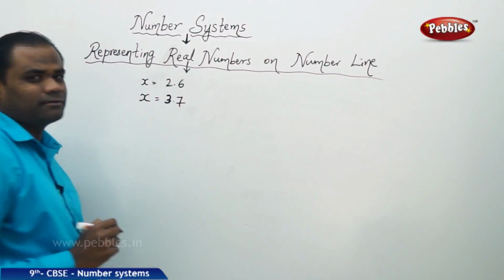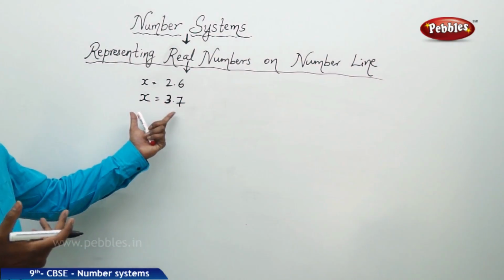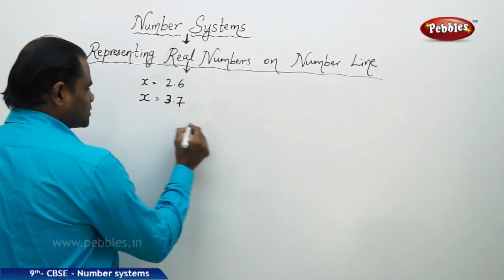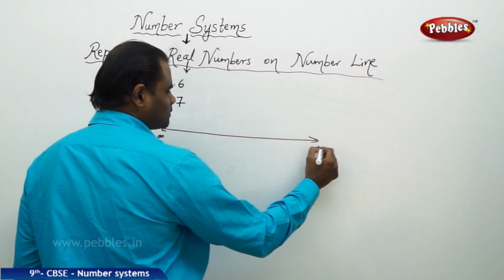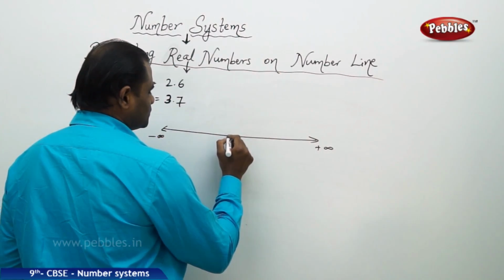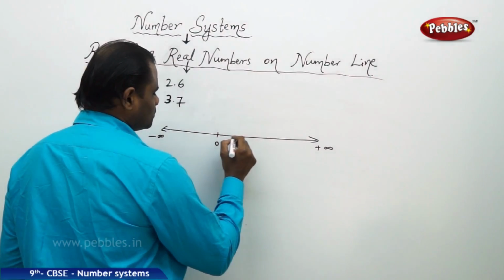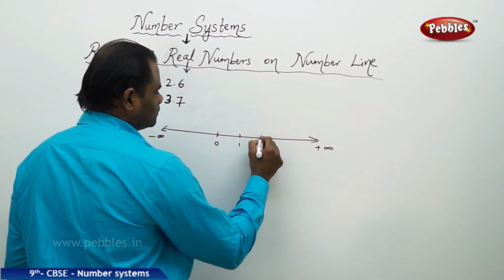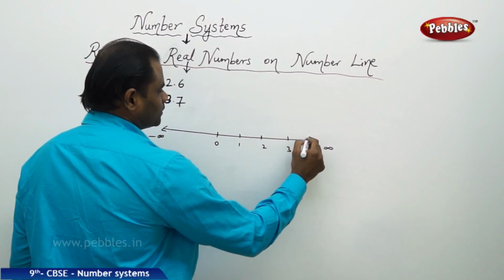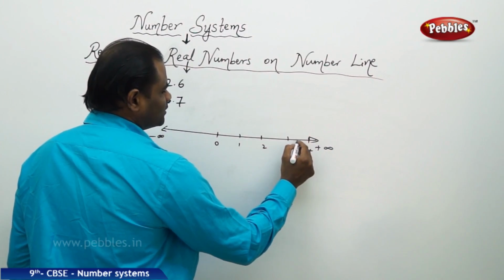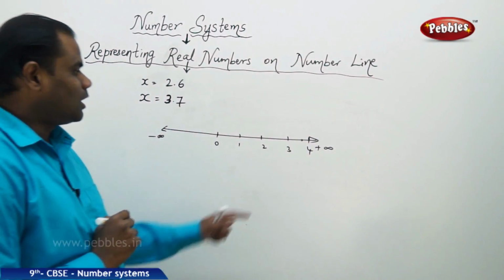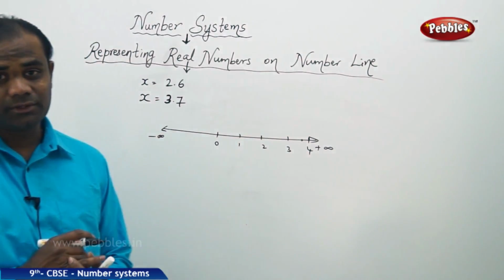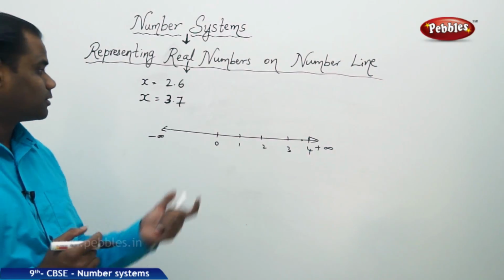I find 3.7 to be easily located on the number line, because if I have the number line with minus infinity, plus infinity, 0, 1, 2, 3 and 4, etc., then I find 3.7 approximately here.